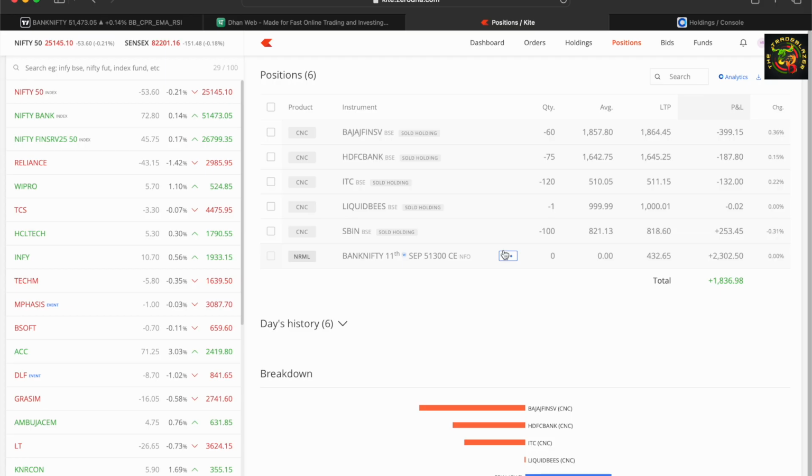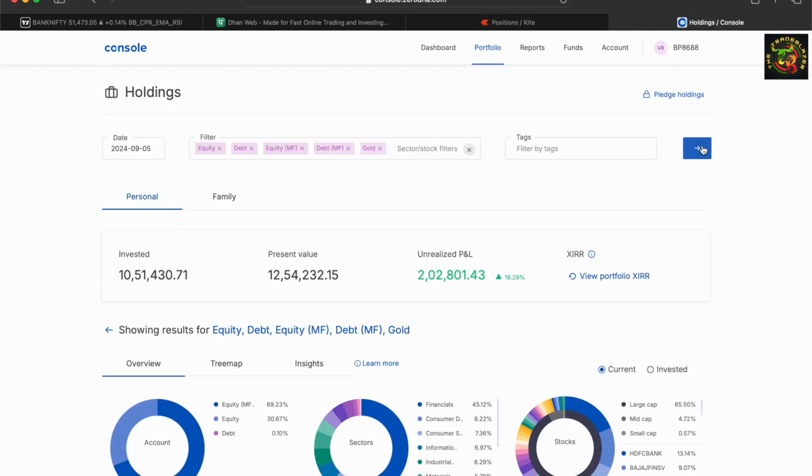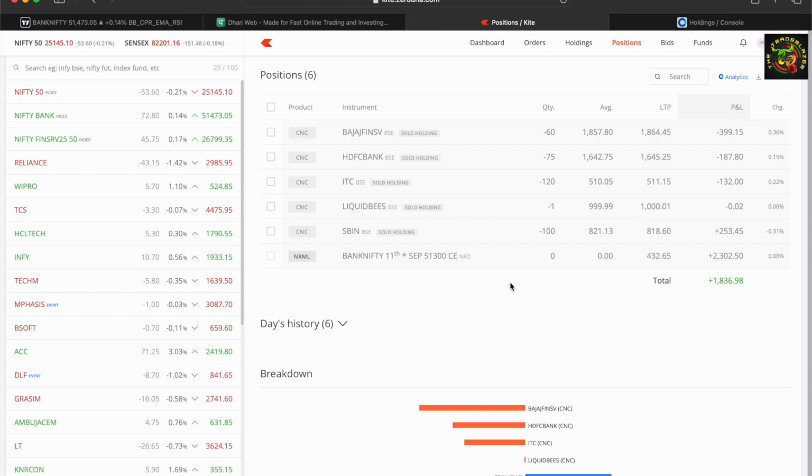Today I'll also show you my swing trades for the last month. I closed all my swing trades, and let me show you. I made a profit of more than 2 lakhs, close to 20%, 19.29%. And in Zerodha, we made a profit of close to 2000.